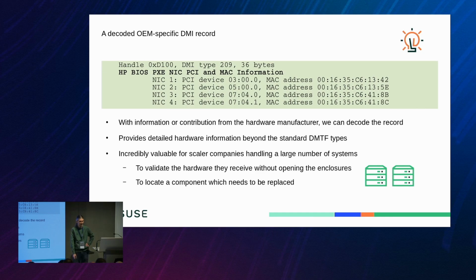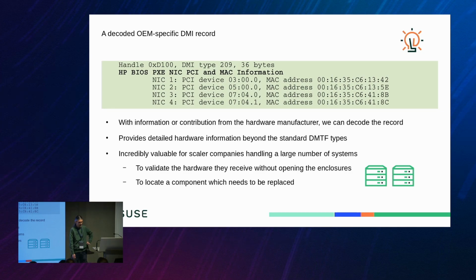So having this information in the DMI table is very useful, and this is the reason why this vendor decided to put it there. And thanks to the contribution, we were able to actually decode that, and now everybody can benefit from the information.